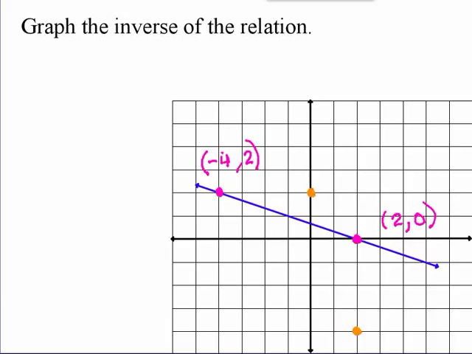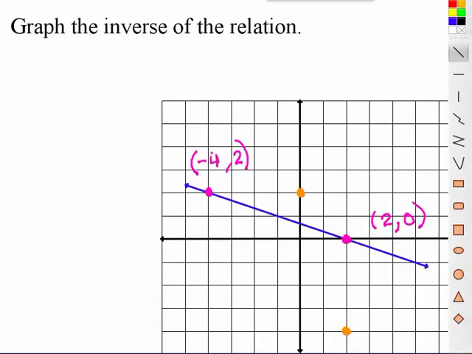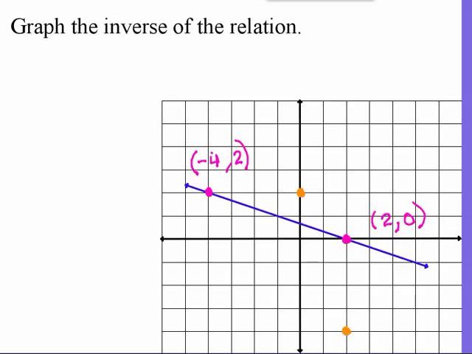So you see how that works? So now all I need to do is connect those points. And so when I connect those points with a line, I will have what the graph of the inverse looks like.